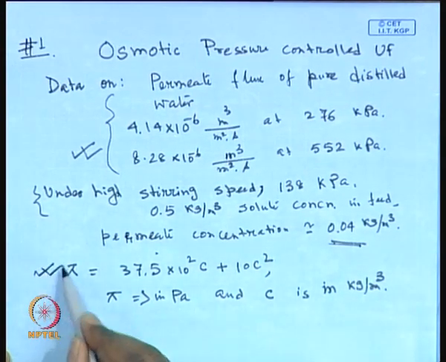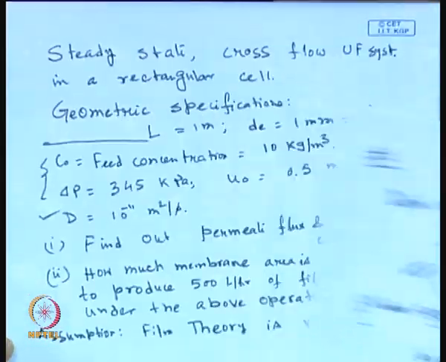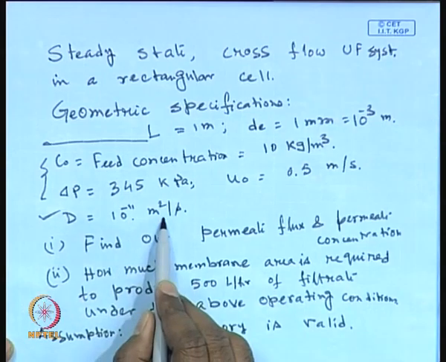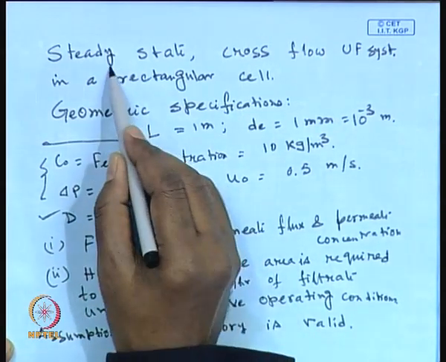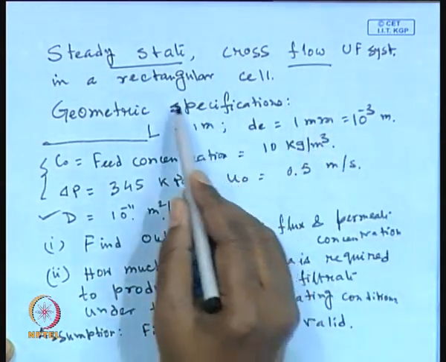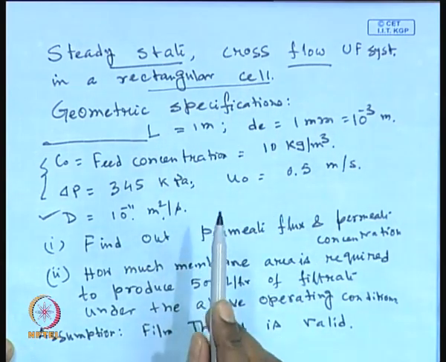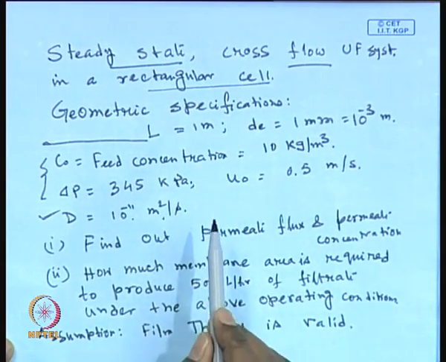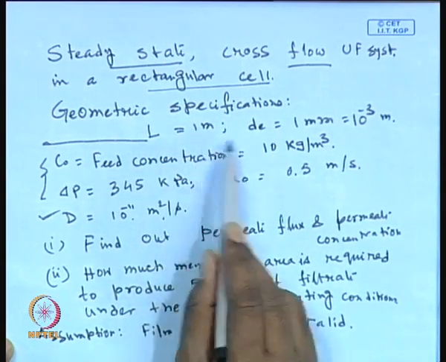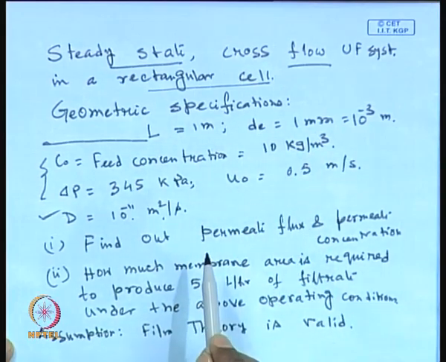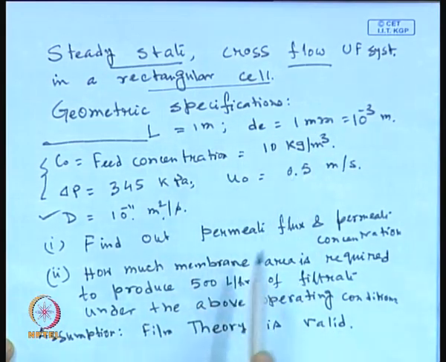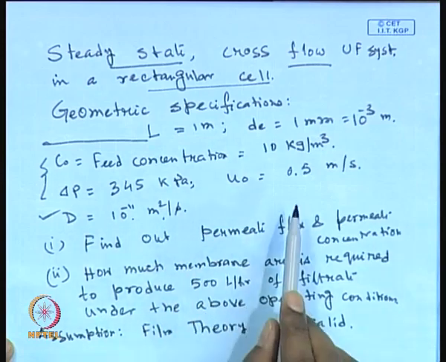And this is the osmotic pressure versus concentration relation, and the diffusivity of the solute is 10 to the minus 11 meter square per second. This is a steady state cross flow system in a rectangular cell with length 1 meter and equivalent diameter 1 millimeter. The feed concentration is 10 kg per meter cube, and delta P and cross flow velocity are given.